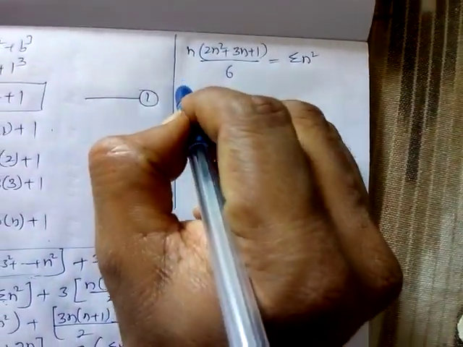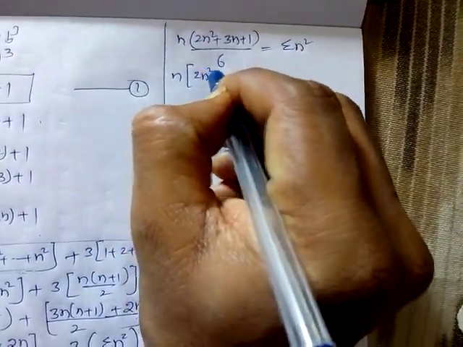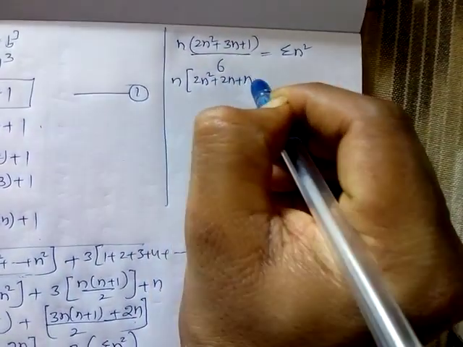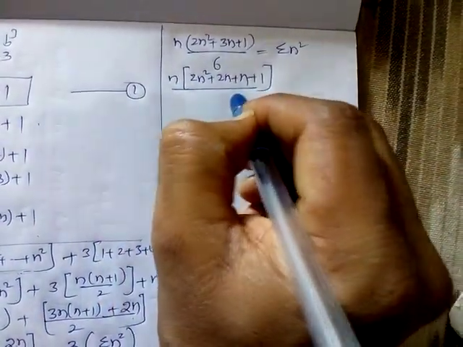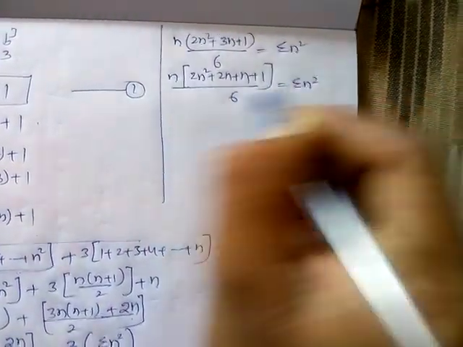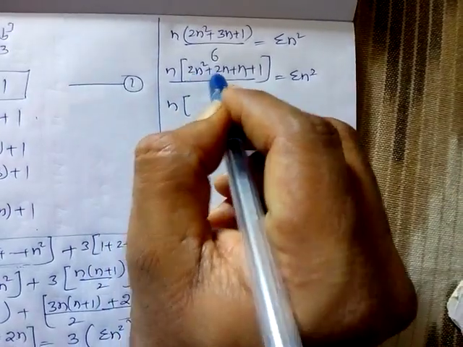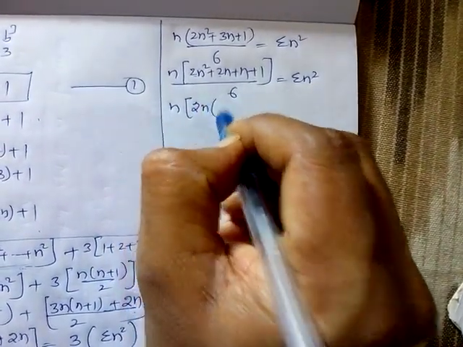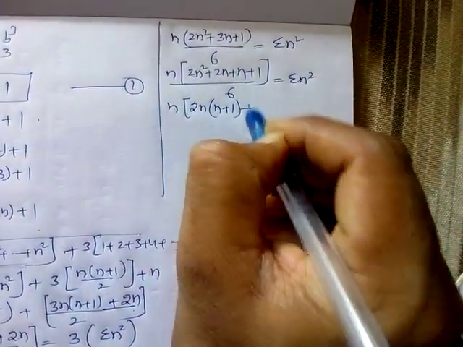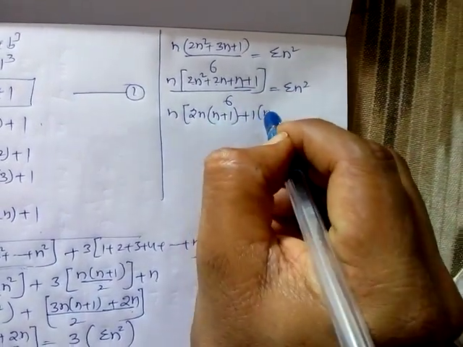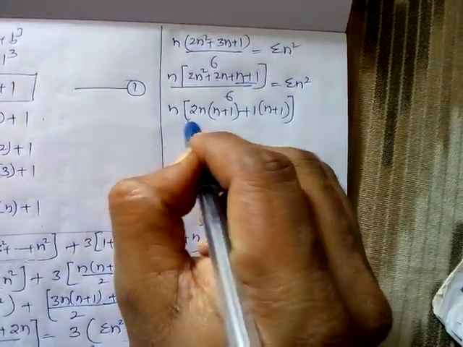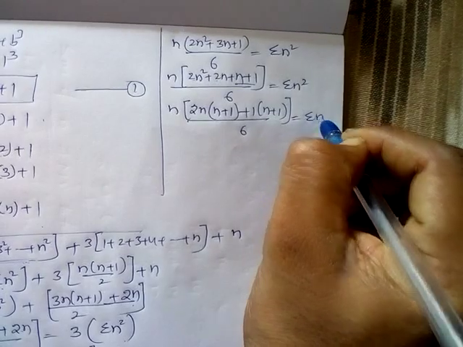Now split the middle term, 2n square plus 2n plus n plus 1 by 6 is equal to sigma n square. So n of, first two terms by taking common 2n, n plus 1, next two terms 1 is common, n plus 1 by 6 is equal to sigma n square.